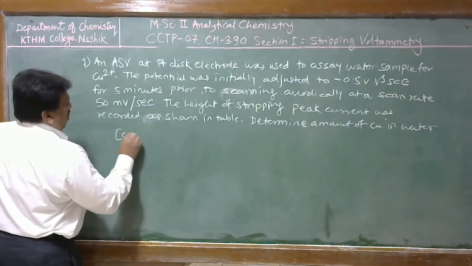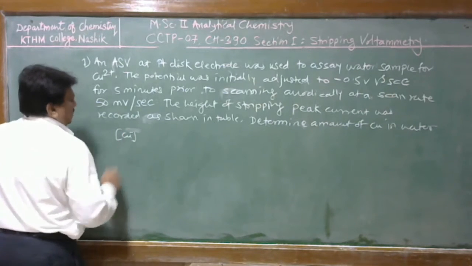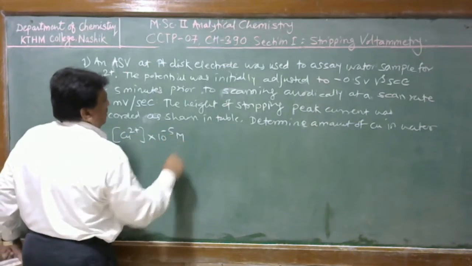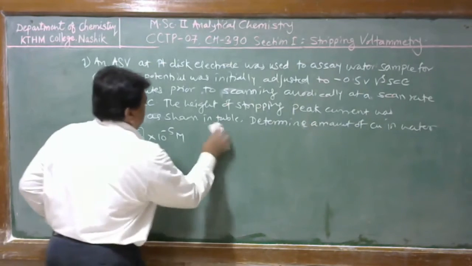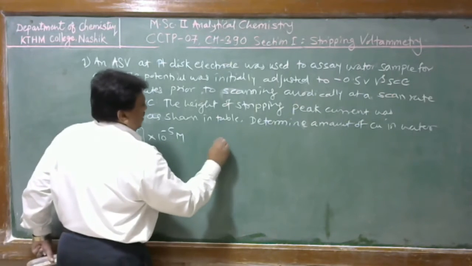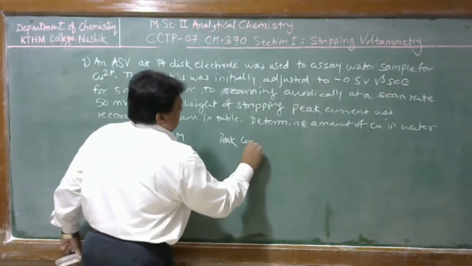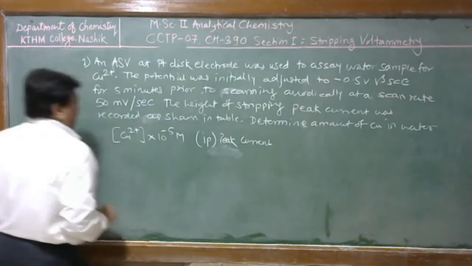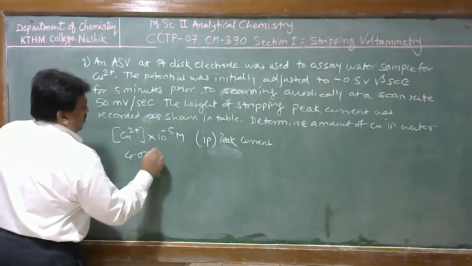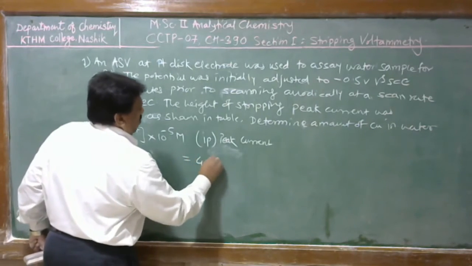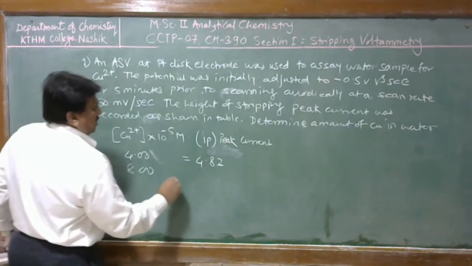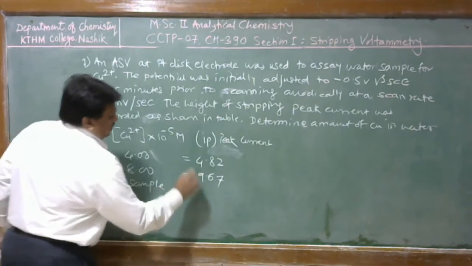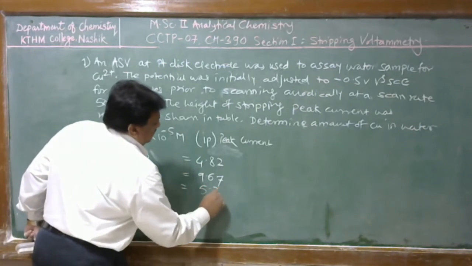Here, the concentration of copper 2+ is in the order of 10⁻⁵ and the peak current IP: for 4.0, IP is 4.82; for 8.0, it is 9.67; and for the sample, it is equal to 5.36.